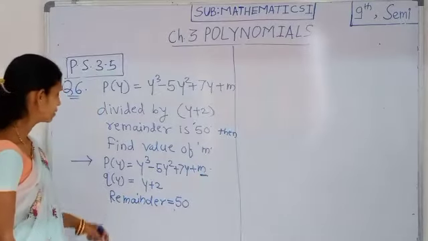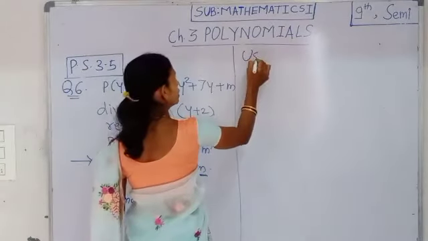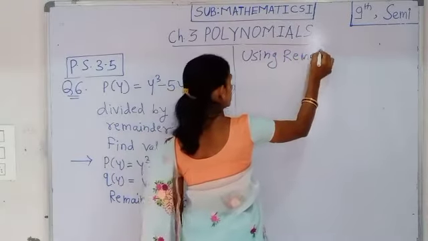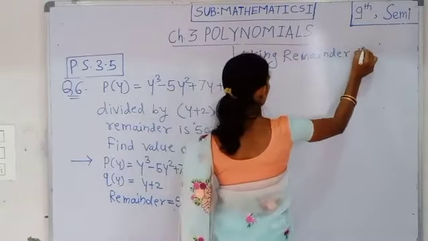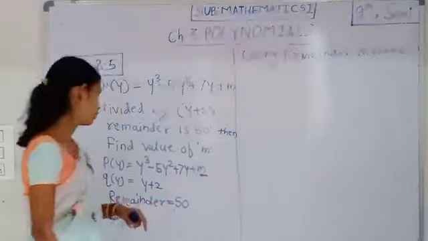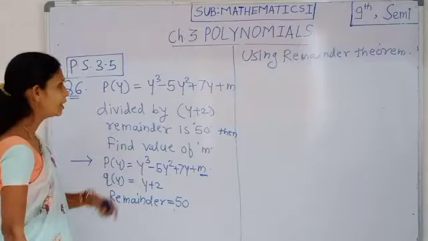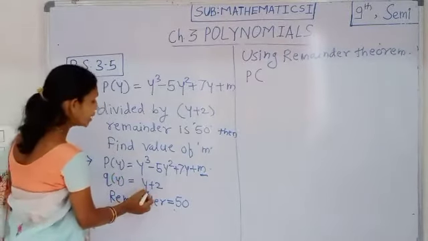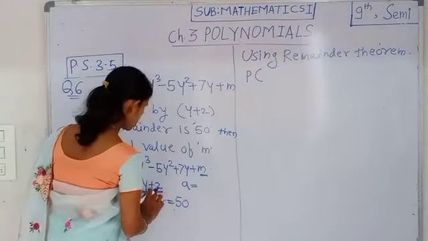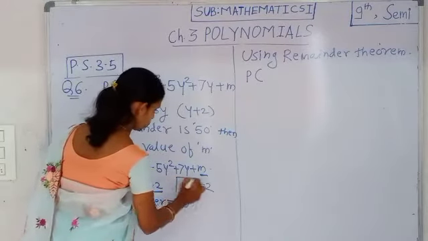Therefore, see here, using the remainder theorem, all of you are aware of that. See here, the divisor is y plus 2. Therefore, here a is equal to minus 2.